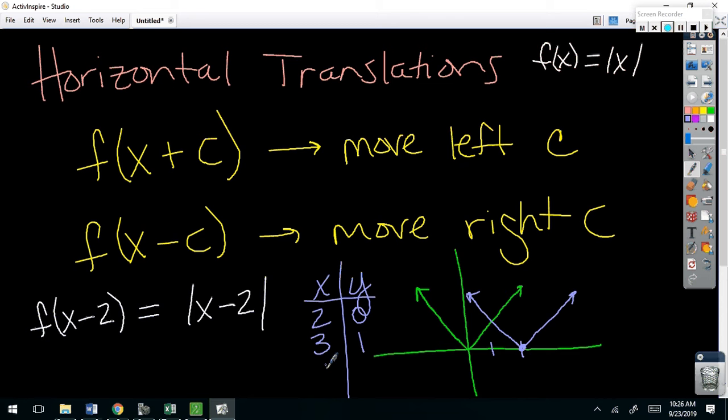If you plug in 1, what do you get for y? Absolute value. So why can't you do that for plus? Well, if you do plus, now remember plus is going to move which way? Left. So let's say I did f of x plus 2. This is going to be a shift left. Or it should be. Let's plug it in and see.